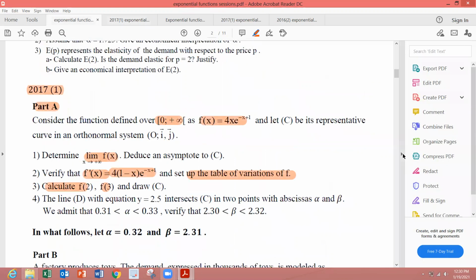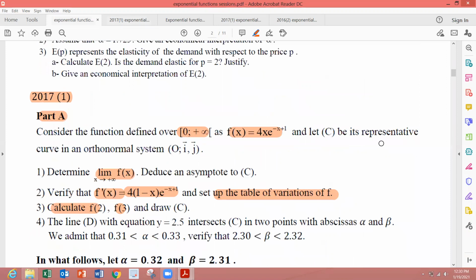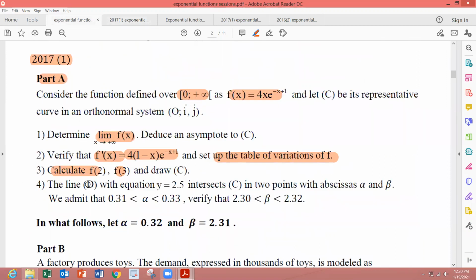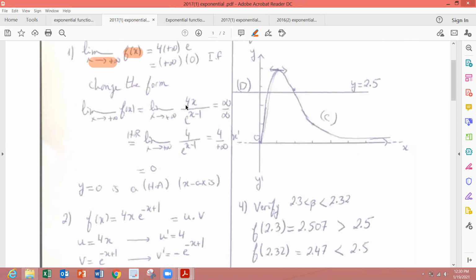The line D of equation y equals 2.5. It is better to draw this line, y equals 2.5.